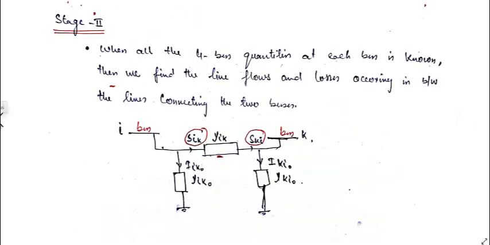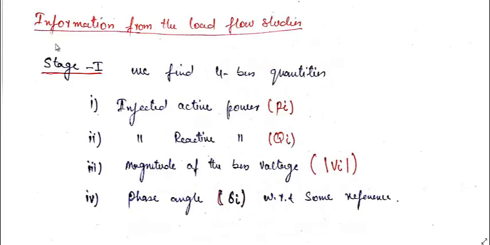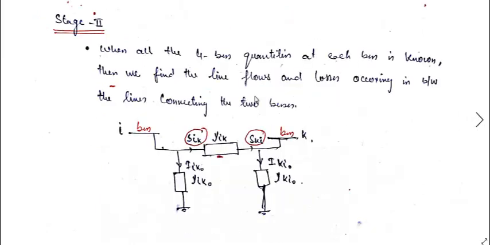And you can see from here, this is the information of the stage. First we get the four bus quantities, and in the second stage, when all the four bus quantities at each bus are known, we find the line flows and the losses occurring in the lines connecting two buses. This is the ith bus, this is the kth bus, S_ik is the complex power that flows from bus i to bus k.